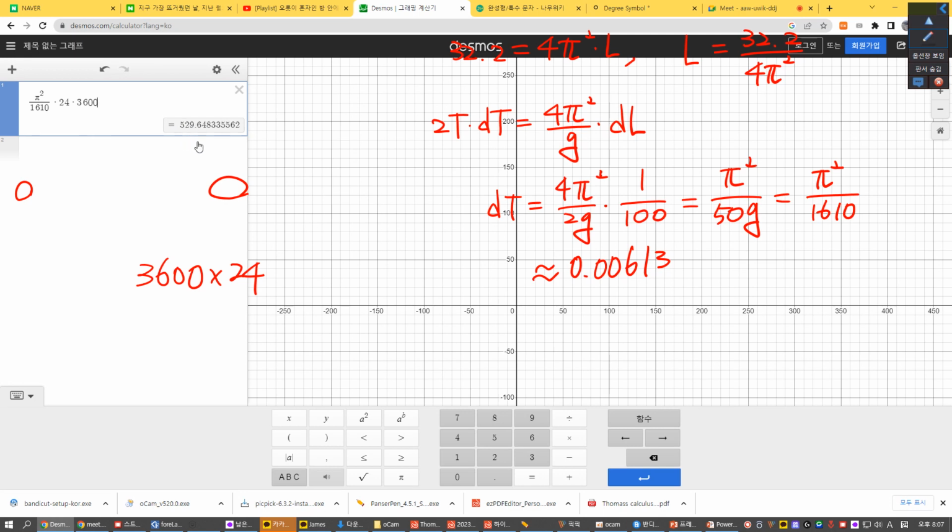530 seconds, and in terms of a minute, let's divide this by 60. It loses about 8.8 minutes, so 8 minutes and 48 seconds.